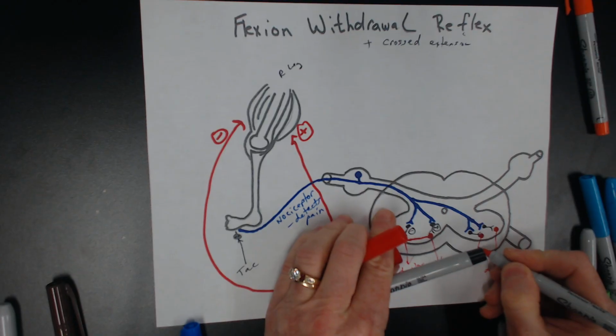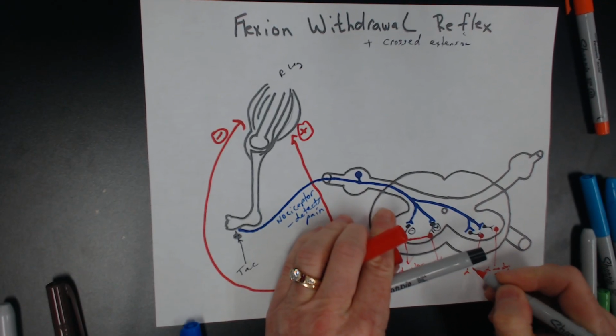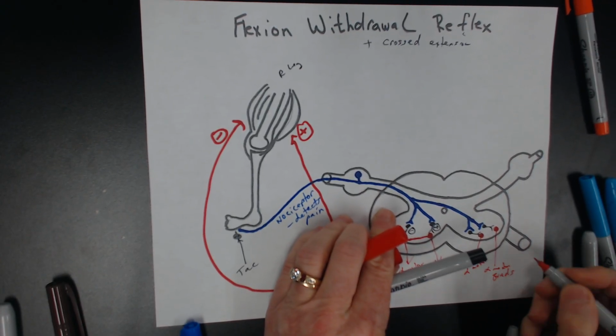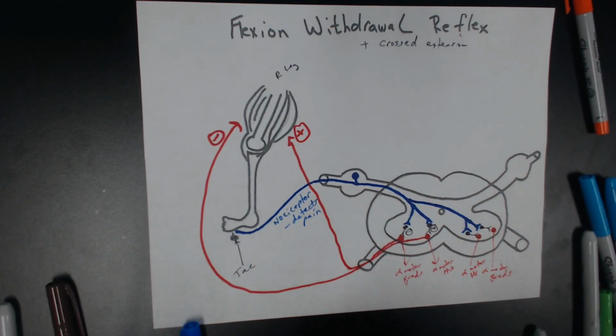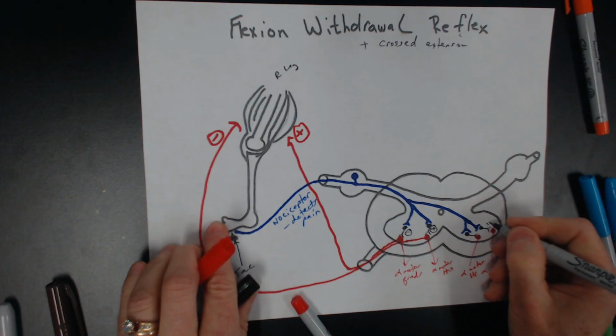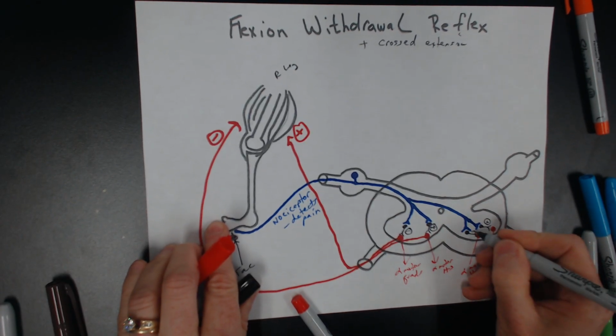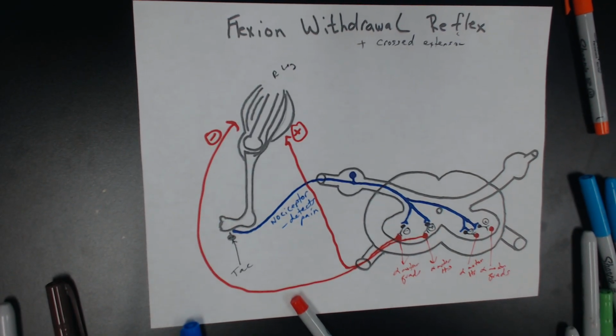And the one that's going to be inhibitory is the alpha motor neuron on the opposite side for my hamstrings. So I want my quads to be stimulated on the opposite side, and my hamstrings to be inhibited. So it's really known as the flexion withdrawal crossed extension reflex.